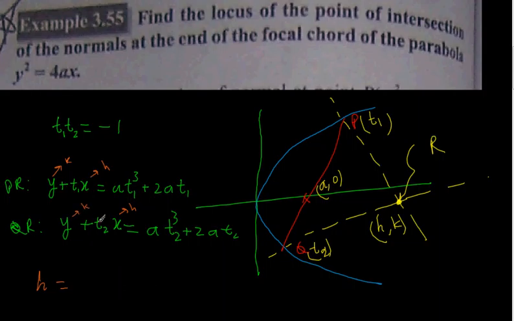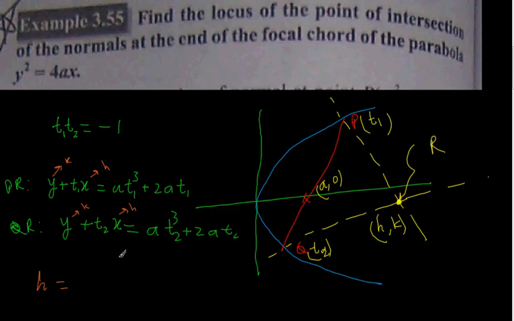If you find the difference between these two equations, y minus y, means K minus K, will get cancelled, and here you will get H times (T1 minus T2). I'm not writing T1 minus T2 elsewhere because that will get cancelled.